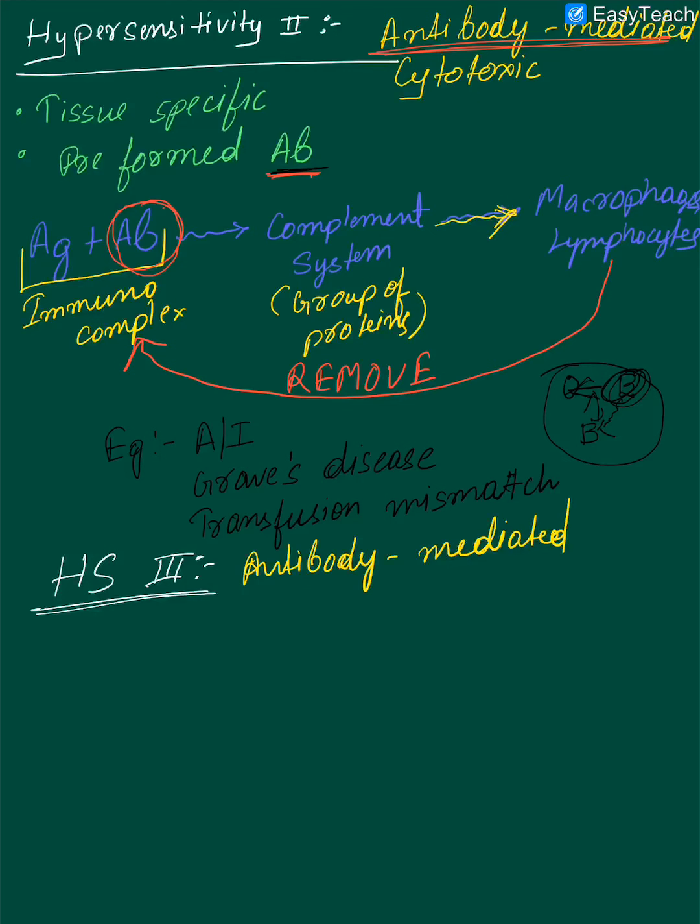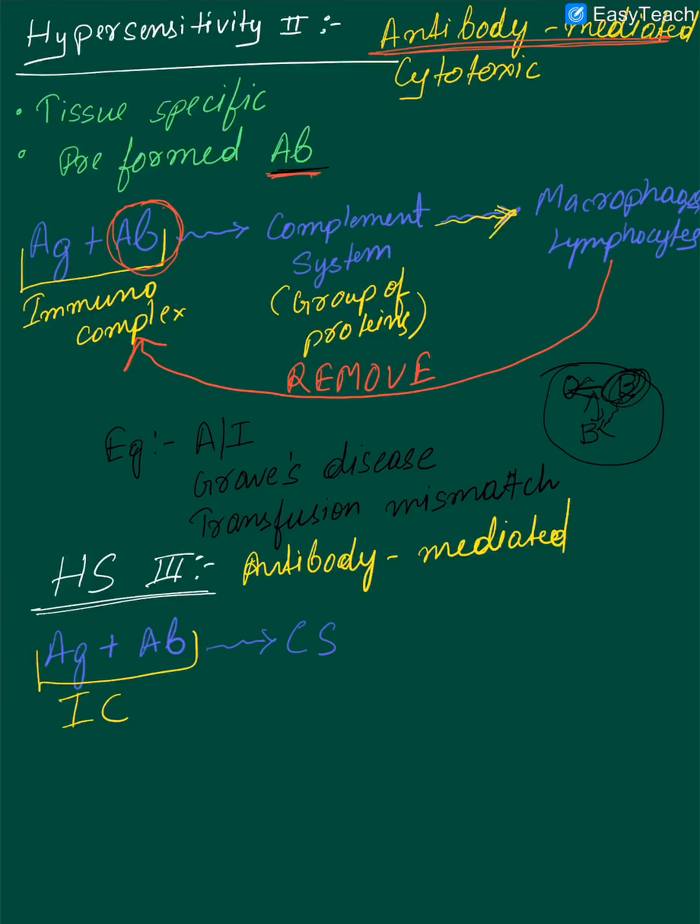The antigen will come, antigen plus antibody, then together they will form the immune complex. Then in the same way, these will trigger the formation of the complement system, that is the group of proteins.